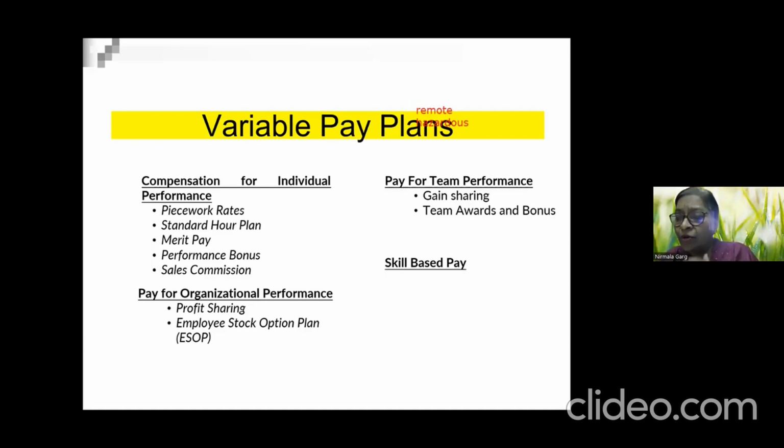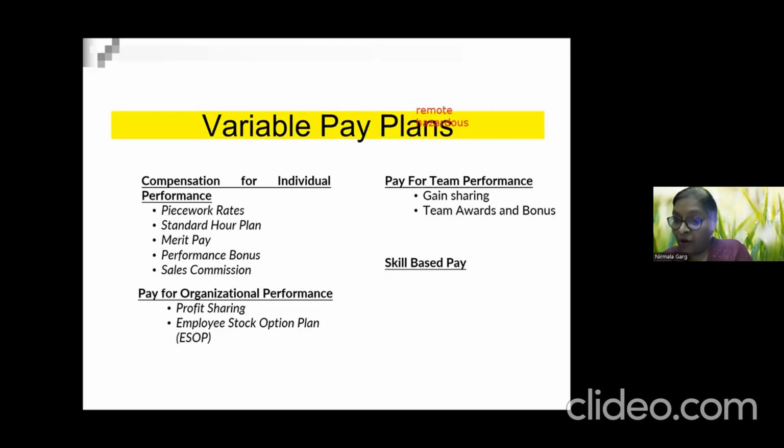Essentially, why do you have these gain sharing plans in organizations? Because they want everybody to collaborate. If a unit has to increase its productivity, it's very important that all its employees within that unit come together, cooperate, and collaborate to ensure that increase in performance.